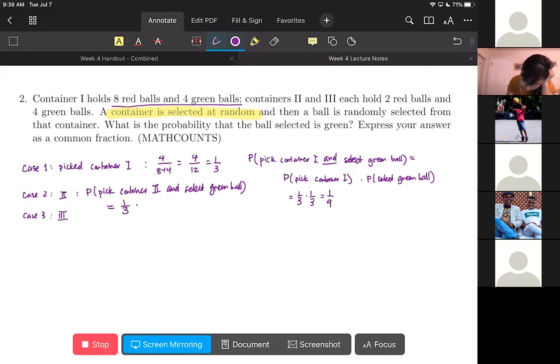And then there are 4 green balls and 2 red balls, so there's 4 over 2 plus 4. This gives us 1/3 times 2/3, which is 2/9. And then what about case 3? It will be the same as case 2, so 2/9.